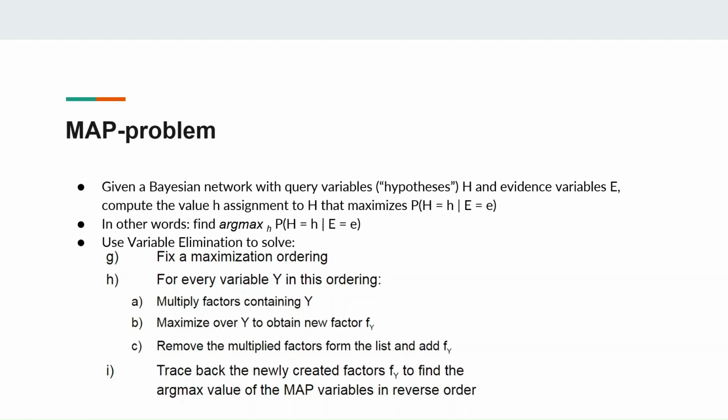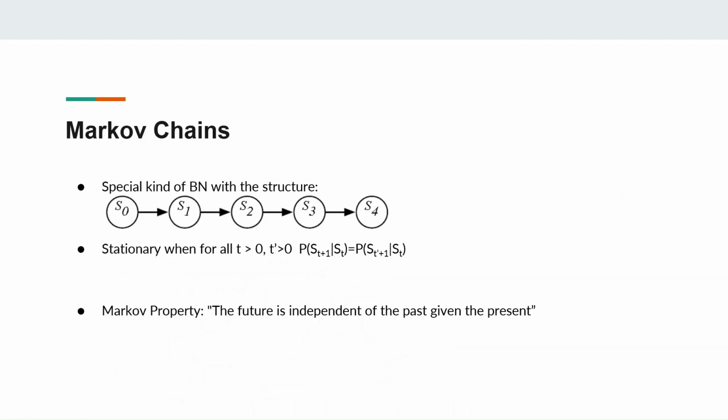So I see these things, and I only care about what's most likely to happen. I don't care about the whole probability distribution and everything else. And you can obtain it via a variation of the variable elimination algorithm. There's not much to mention about this one, just one application of variable elimination.